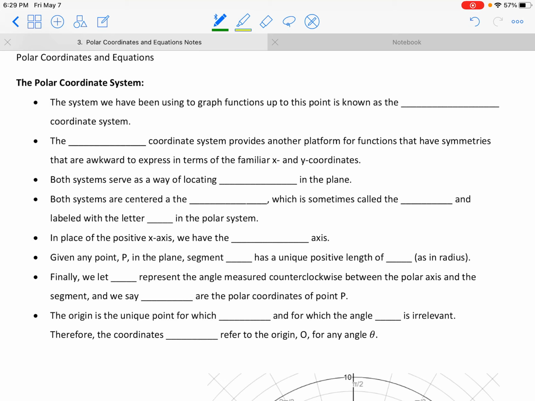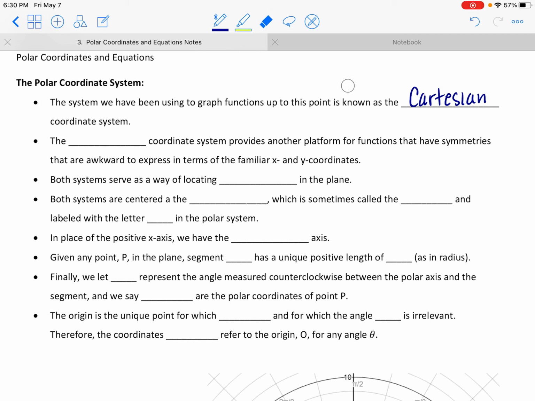So the polar coordinate system, before we start with that, the system that we've been using to graph functions up to this point, we call that the Cartesian coordinate system. A Cartesian coordinate system is a system where you have functions in terms of x and y, you have points, which we call rectangular coordinates, that are in terms of x and y.